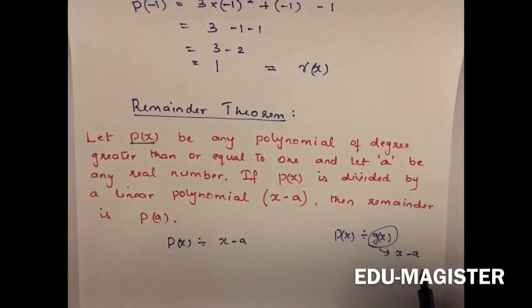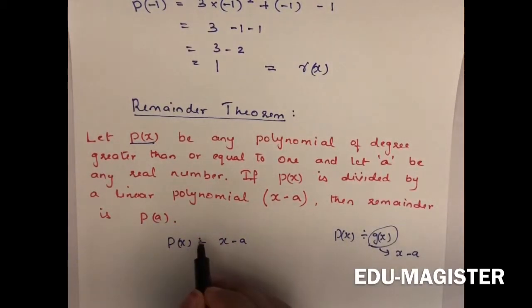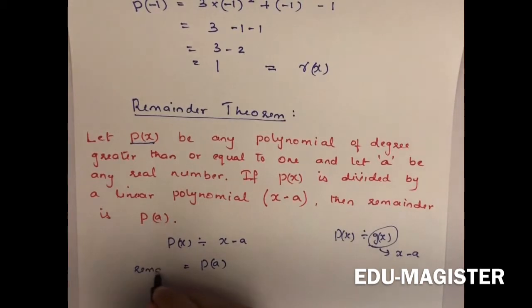That is a linear polynomial. So if this g of x is in the form of a linear polynomial like x minus a, then the remainder of this division will be p of a. That is the remainder theorem. I hope it is clear.